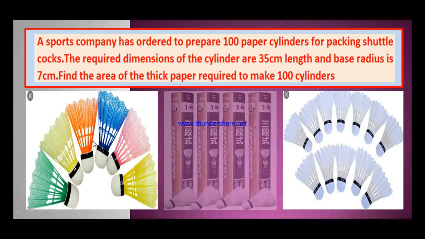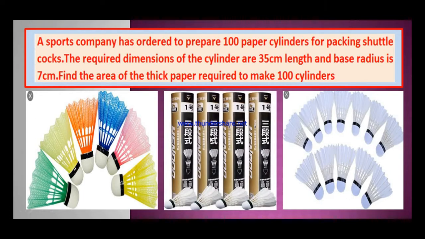Now, these shuttlecocks may be placed in this type of barrels. These are called barrels, and these barrels are made up of thick paper. Now, we have to make 100 such paper barrels to keep these shuttlecocks inside.